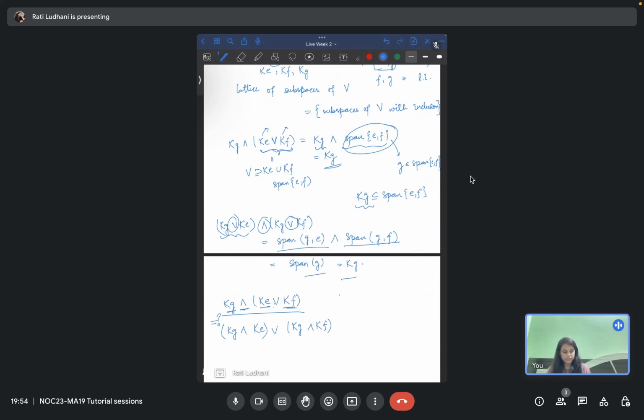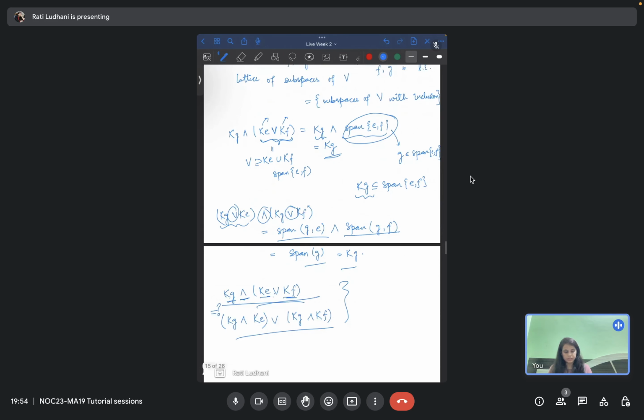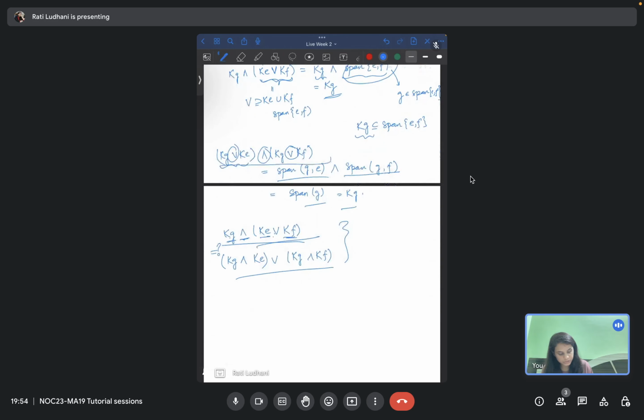Because if we want to check distributivity, then we have to check whether this statement and that statement are equal or not. Are you getting my point? This should be checked with KG join, KE meet KF. But that is not something which we did.